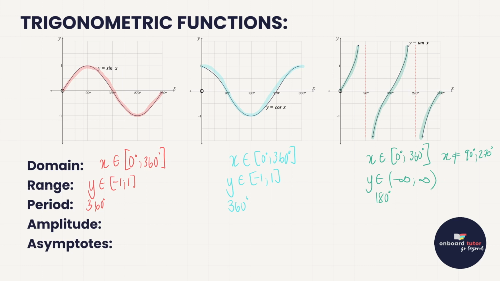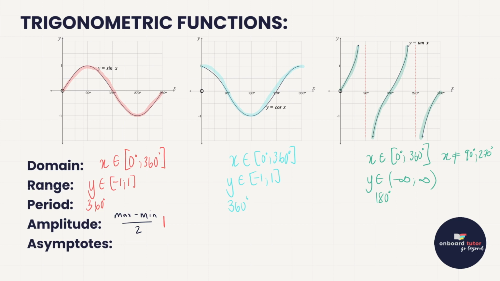Amplitude is an interesting theory. Amplitude is basically your maximum minus your minimum, divided by 2. That's how you can work it out. It's the distance between the highest point and a point of rest, or the lowest point and a point of rest. So you don't always have to calculate it; you can just look at your graph. Between this point of rest and 1, there's 1 unit, so the amplitude of this graph is just 1.